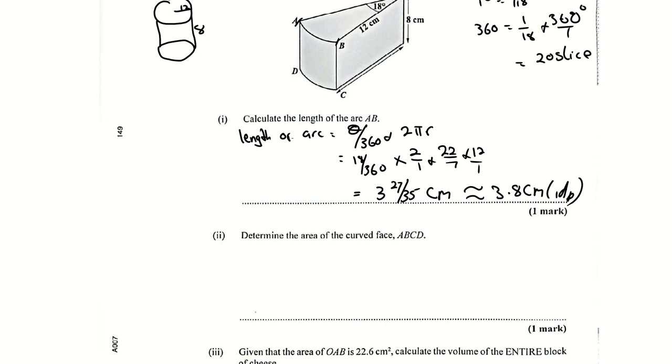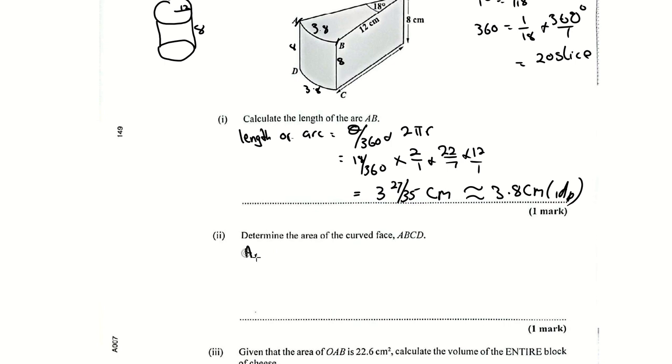Determine the area of the curved surface ABCD. What shape is this, guys? ABCD. What shape is that? That's a square? That means all sides are equal. This is 3.8 and this is 8 centimeters, and this would be 3.8 and this is 8. This is a rectangle. Yes, correct.